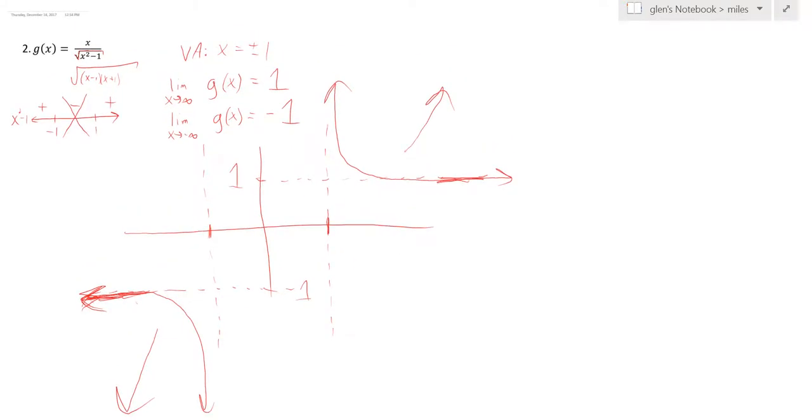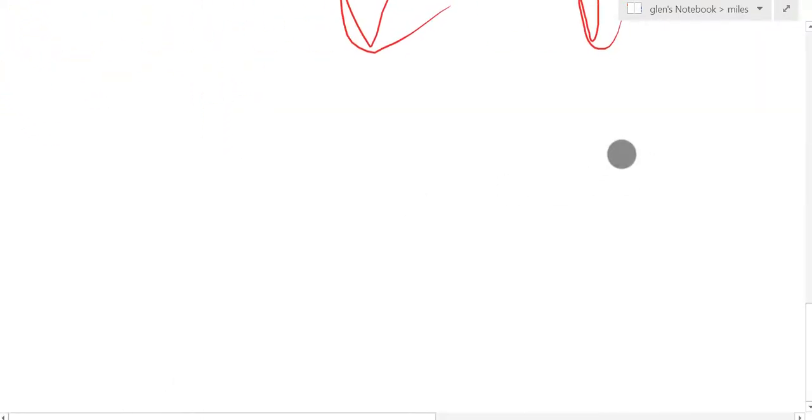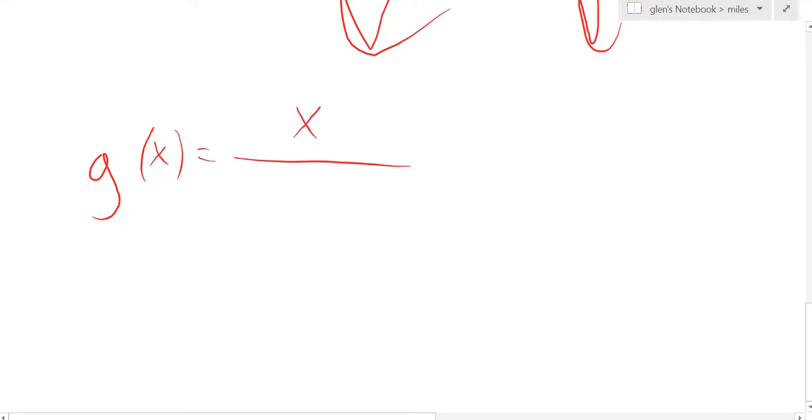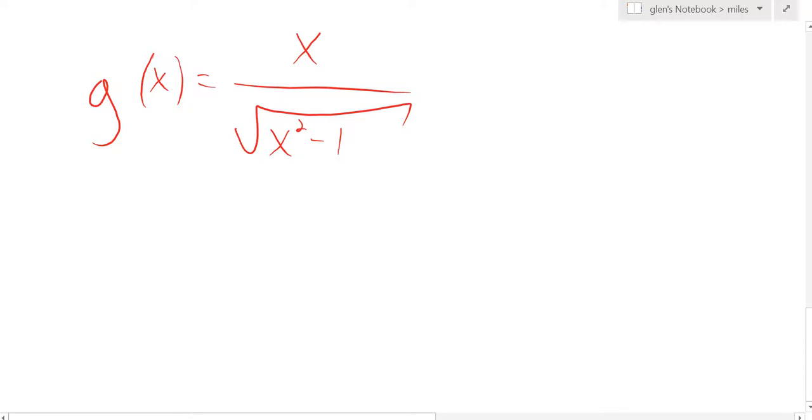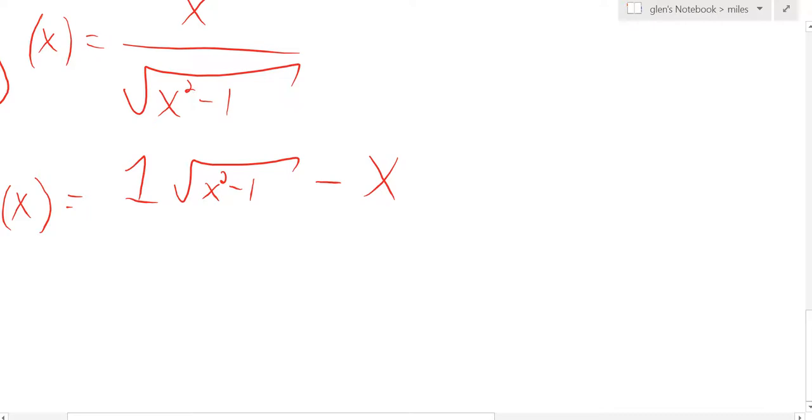So we're going to differentiate x over root x squared minus 1. Let me zoom in here. I just want to make sure that we can do this math because this is about as bad as it gets for us. We've got to do the quotient rule. So g prime of x is 1 times the square root of x squared minus 1, minus x times the derivative of that denominator.